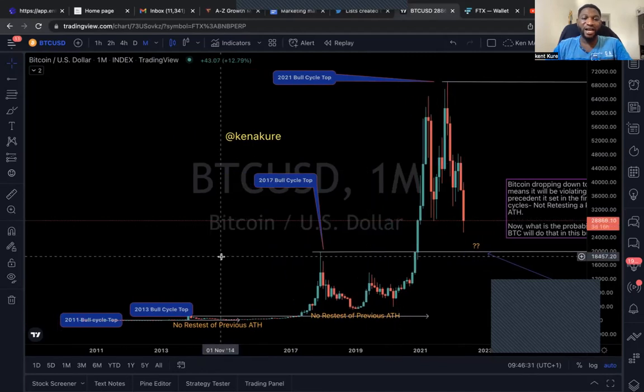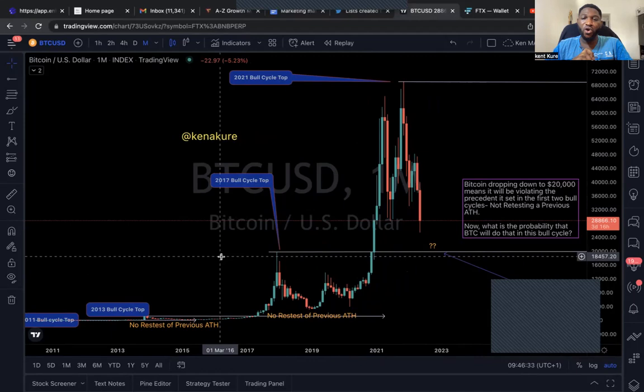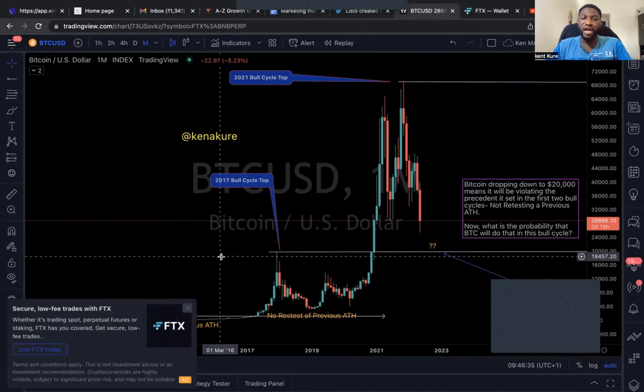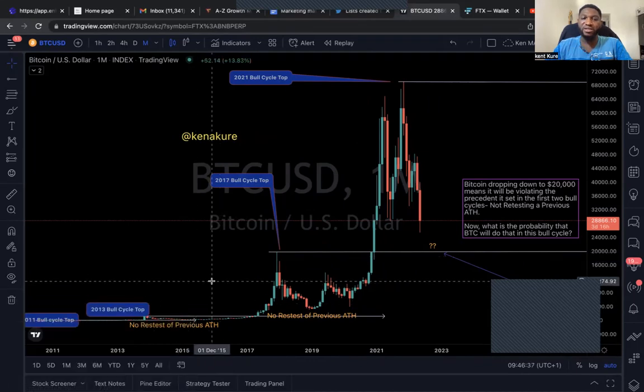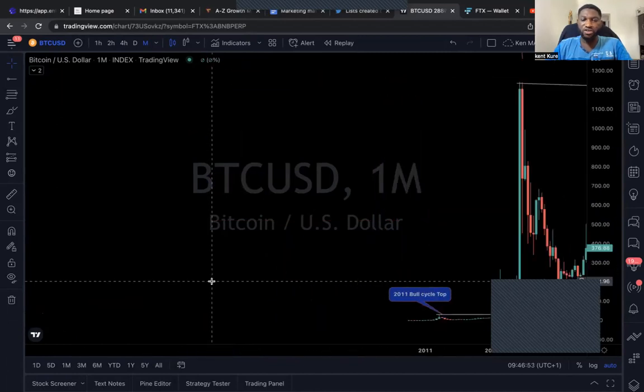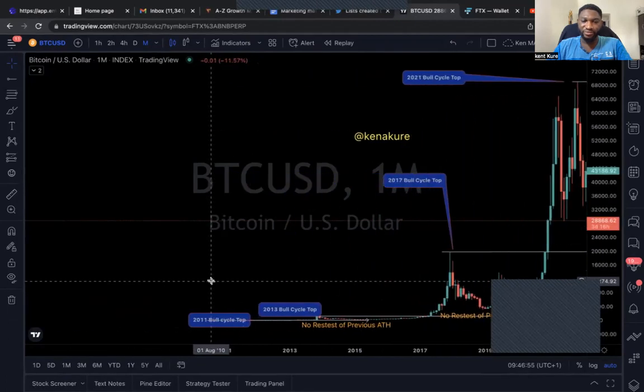I'm doing an analysis called the bull cycle top analysis. The goal is to analyze the entire price swings of Bitcoin and see the levels to which price corrected after a major price swing.